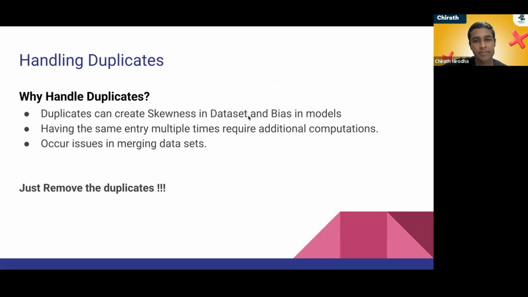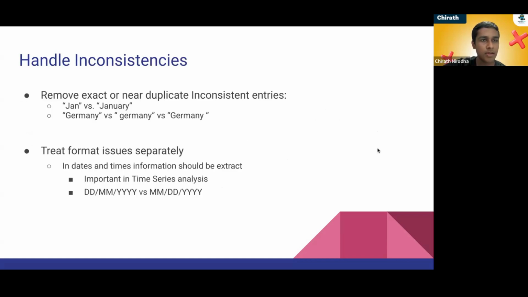And having the same entry multiple times requires additional computation, and having duplicates can cause issues in merging datasets, like in data integration. So the solution is we can just remove the duplicates, right? As a simple solution, we can remove the duplicates.